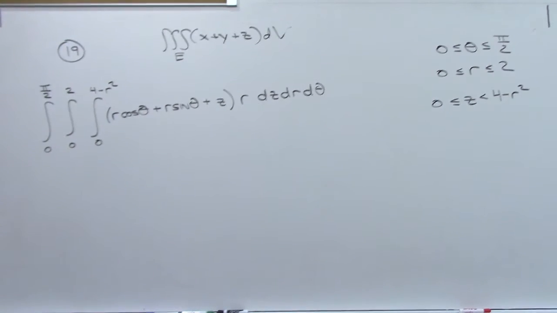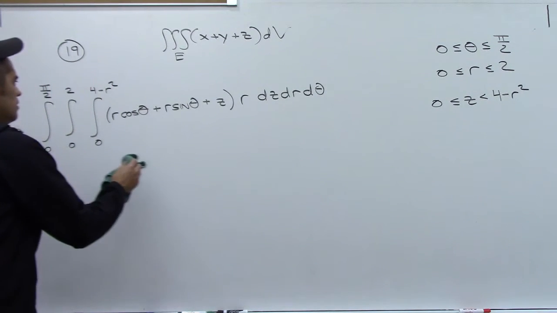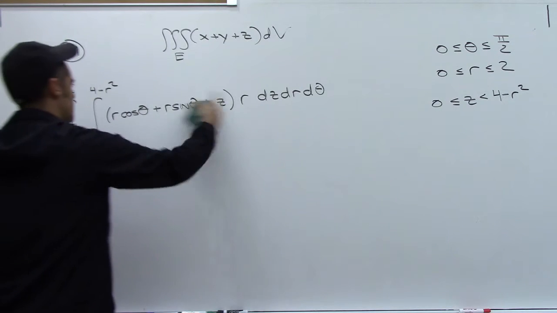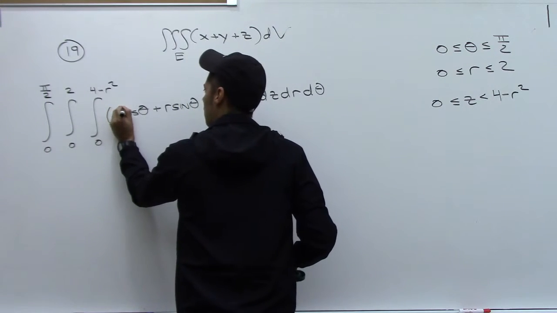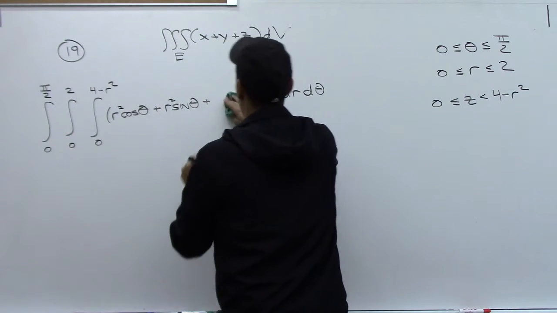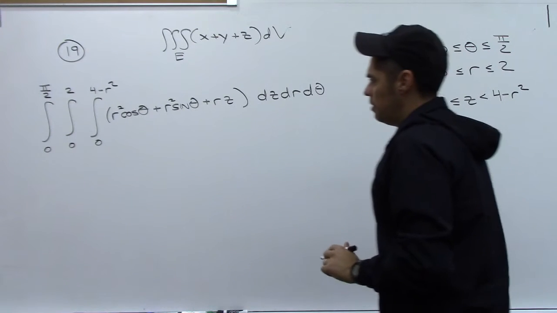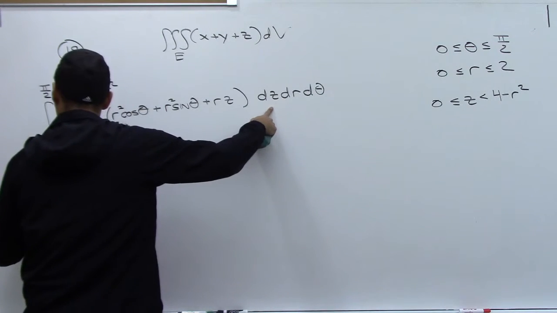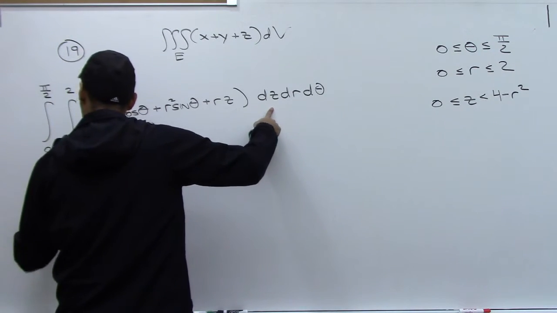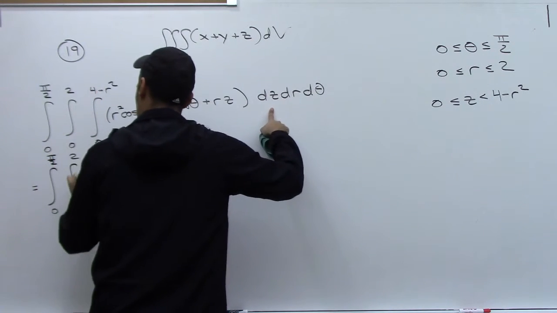Now let me distribute the r through. This becomes r squared cosine theta, this becomes r squared sine theta, and this becomes rz. Now let me do the integration. I'm integrating with respect to z first. From 0 to pi over 2, 0 to 2.